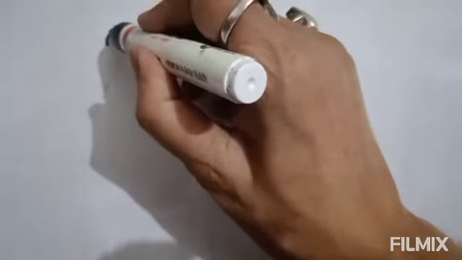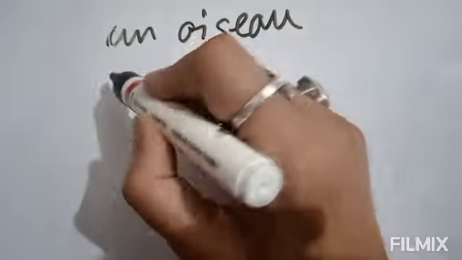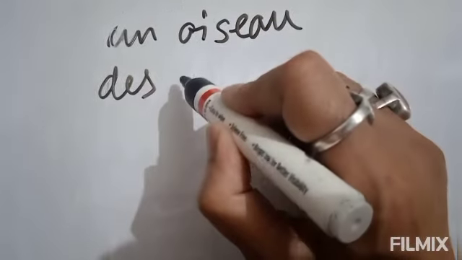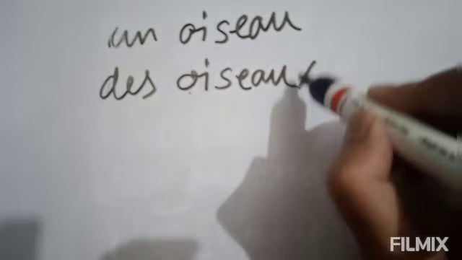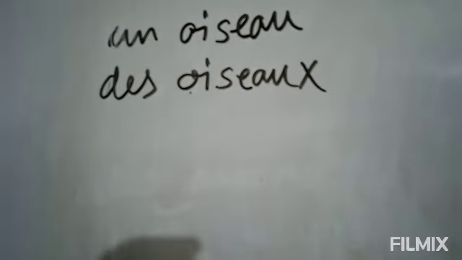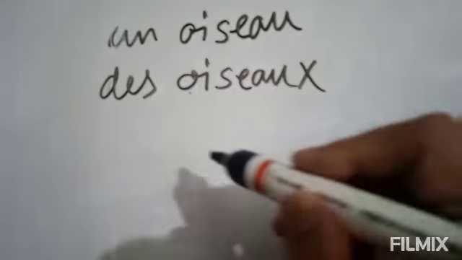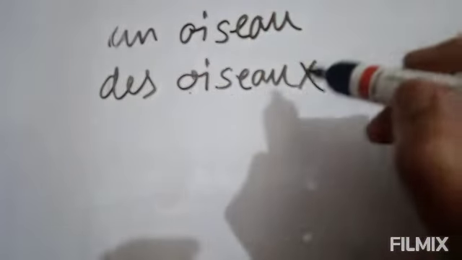Some exceptional words in French grammar. Say, an oiseau. Oiseau is bird. Whenever you are making the plural, des oiseaux. These are not taking s at the end of the word for plural. They are taking x instead of s. Be careful regarding this formula.